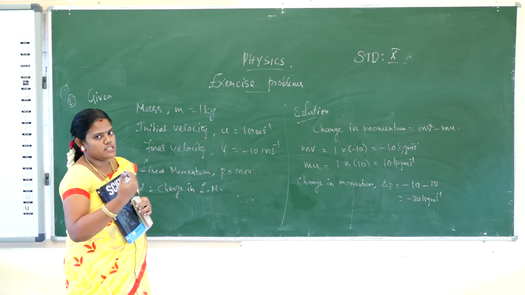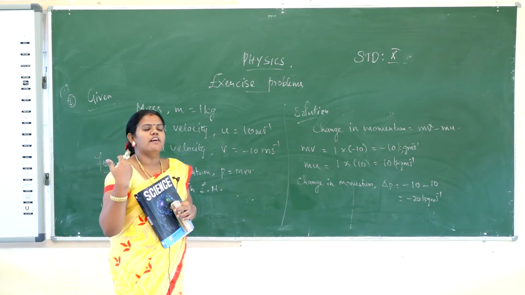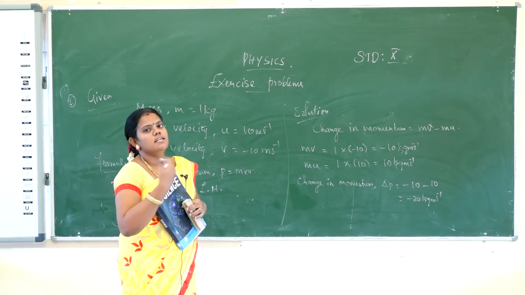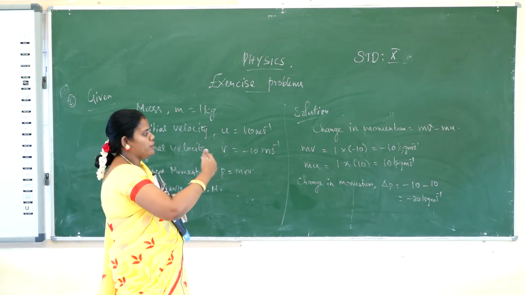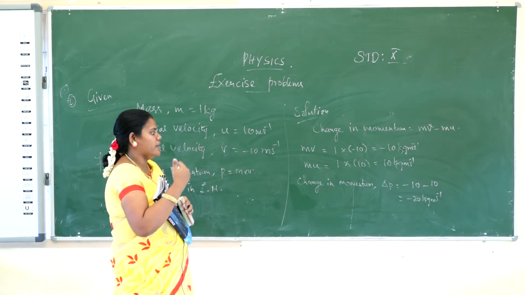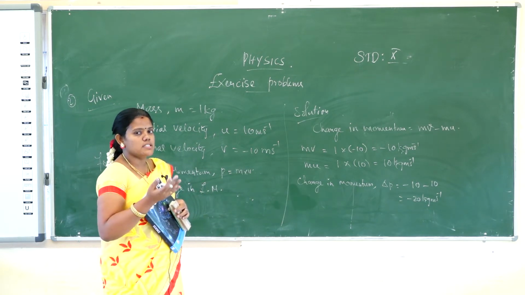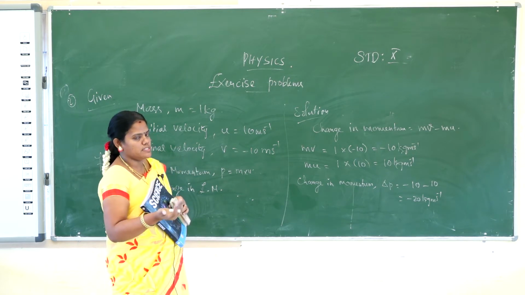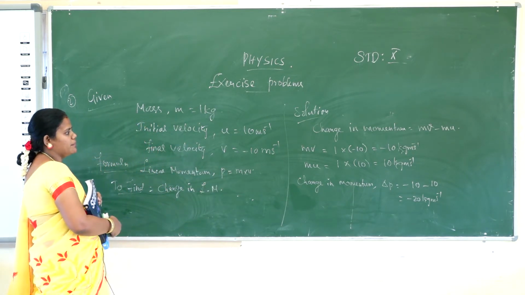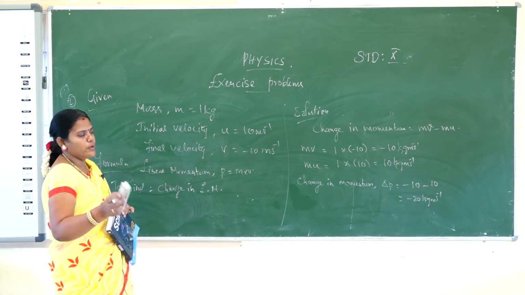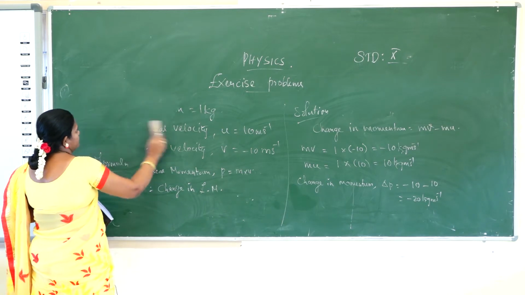Change in momentum is the momentum after collision minus the momentum before collision, mv minus mu. This is the final answer: the change in momentum is equal to minus 20 kilogram meter per second. Then go for the third one.